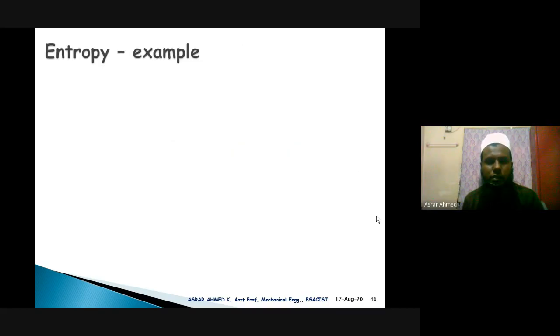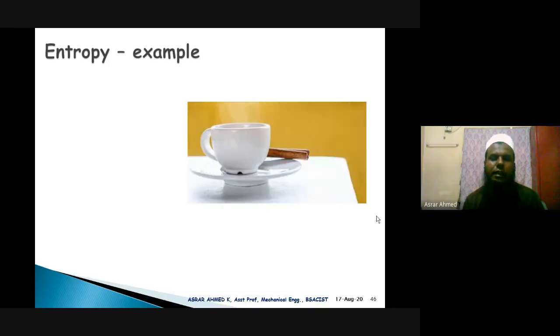Now we can understand easily what entropy is. Let us say a cup of coffee at 50 degrees centigrade, and the ambient, surrounding temperature is 20 degrees centigrade. Now heat transfer will take place. There are two cases.